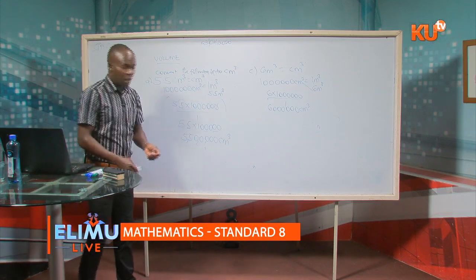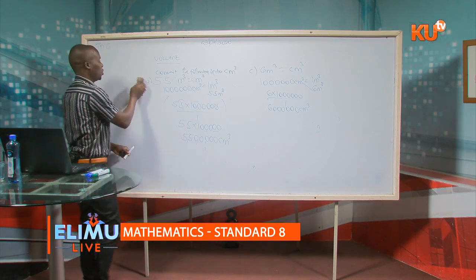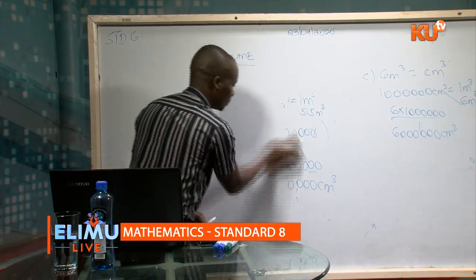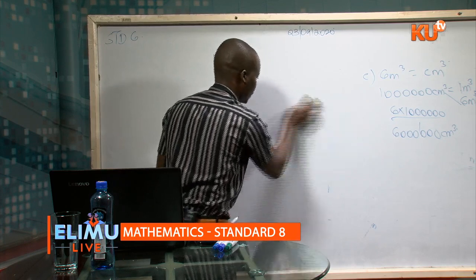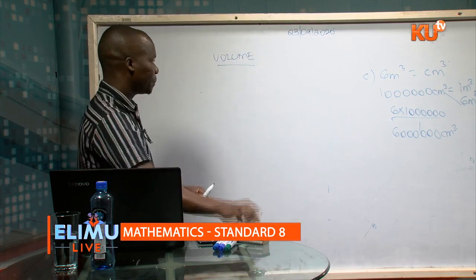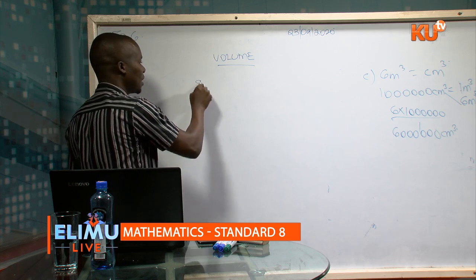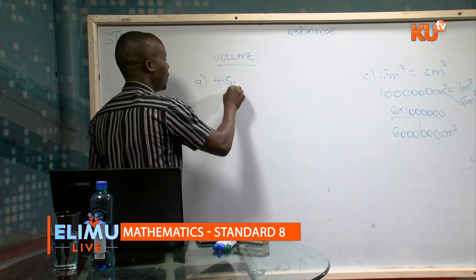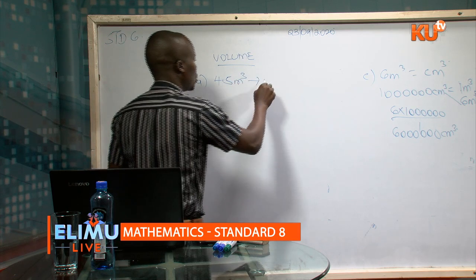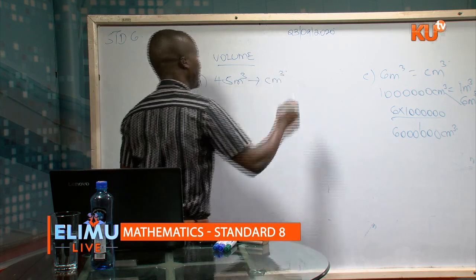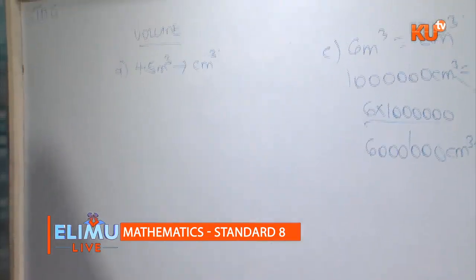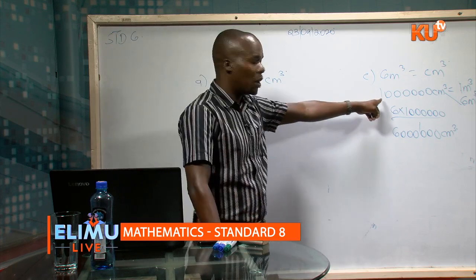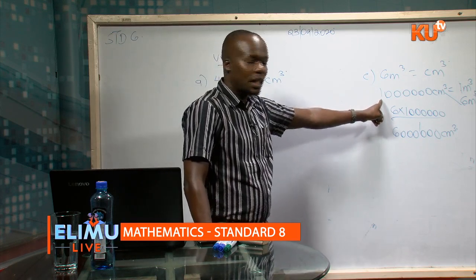Then, last one, for you at home now, you can try this with me. Convert for me 4.5 cubic meters into cubic centimeters. While doing it, try to first write this one down. It should be your guide.